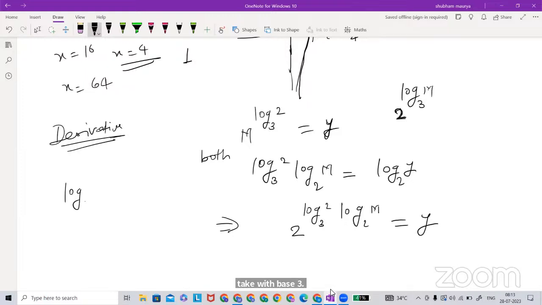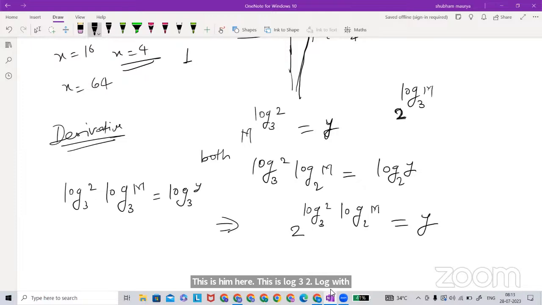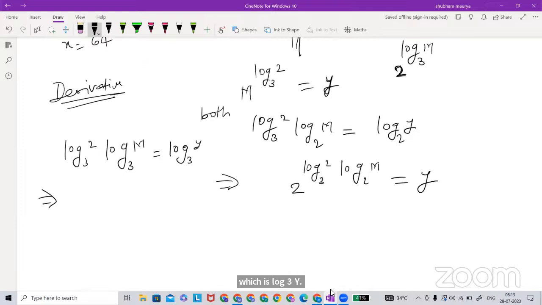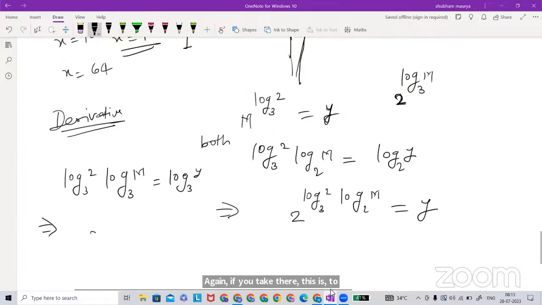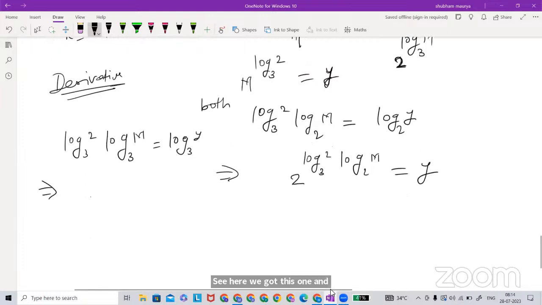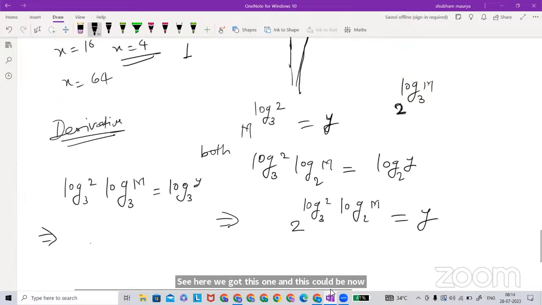This is log 3 2 log with base 3 m, which is log 3 y. Again, we needed base 2, so we need to take the log with base 2. So here we got this one, and this we needed, okay. This is needed 2 to the power 3.